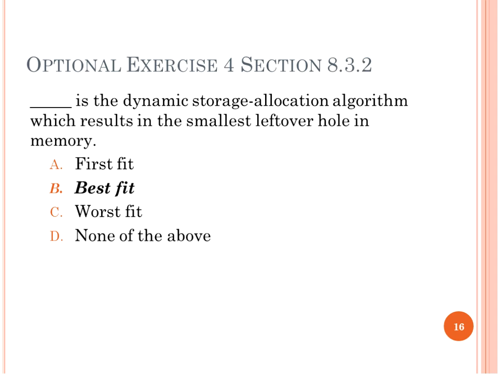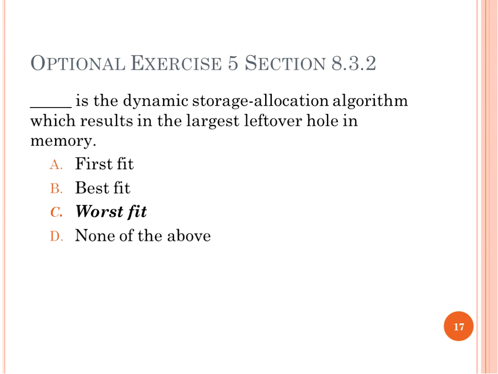So there were a lot of different strategies in how to do this, only because processes vary. They vary as to how much memory they need. And so we can't just make a straight amount for every process, because then it may be too little, it may be too much. So a lot of strategies had to be employed. And again, section 8.3.2 goes over the different strategies that were used.